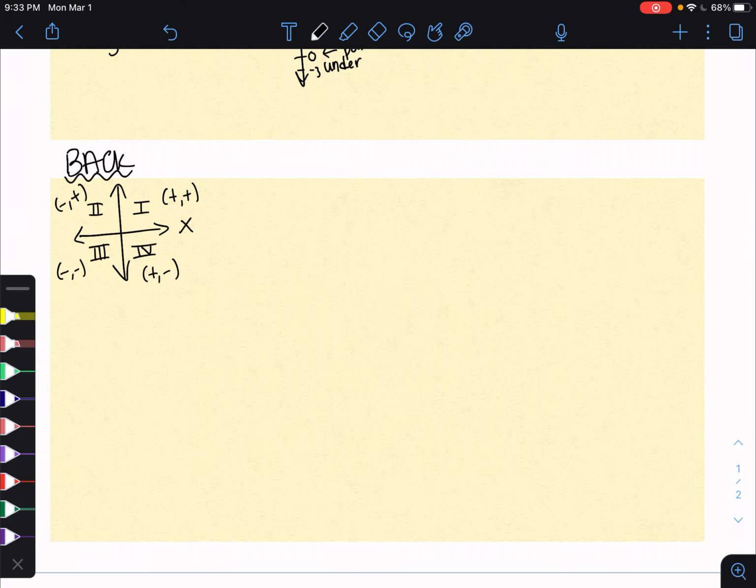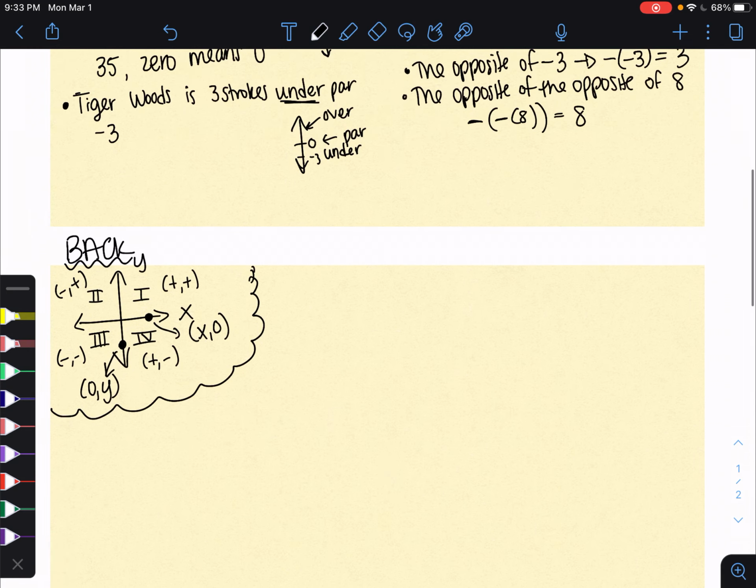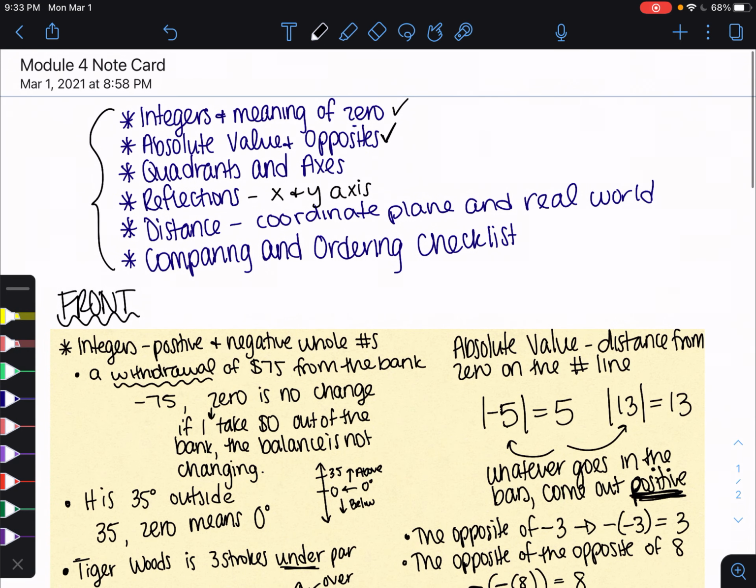The x-axis is the horizontal, the y-axis is the vertical. If I am on the x-axis, I am x, 0. If I am on the y-axis, I am 0, y. So that's a good way to quickly and space-savingly do the quadrants and the axes. So that's that.